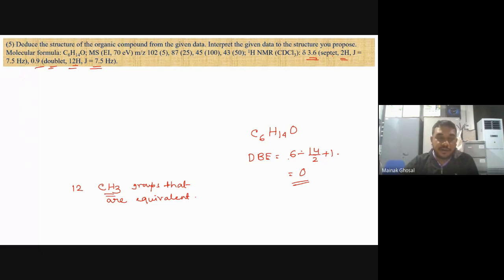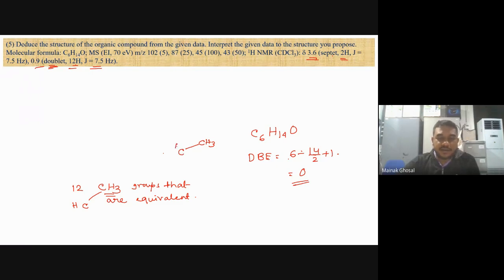Now you see the methyl groups show a doublet. So there is a very high chance that the carbon bearing this methyl group has only one proton. This CH3, suppose this is showing 12 hydrogen, they all show a doublet.